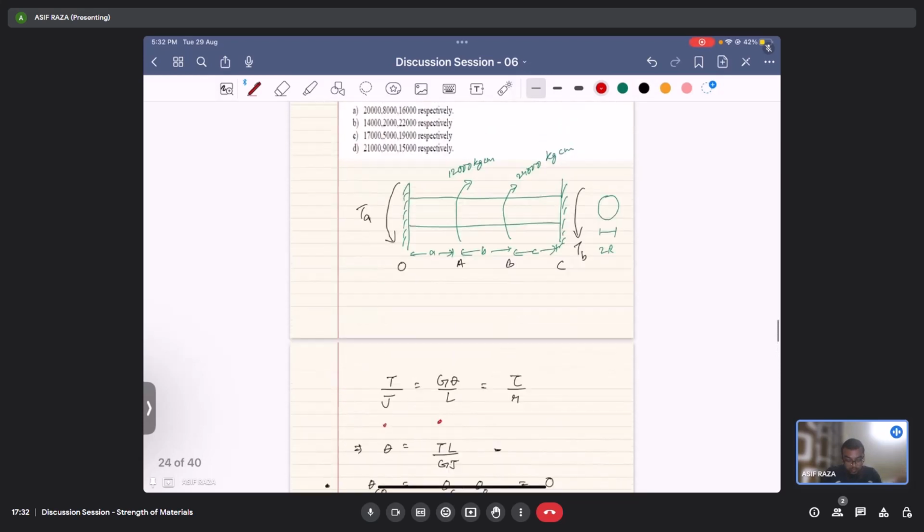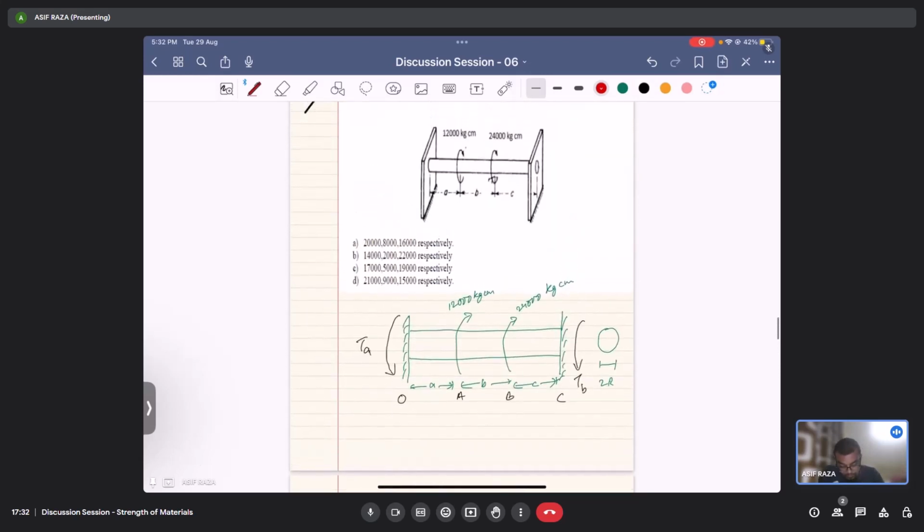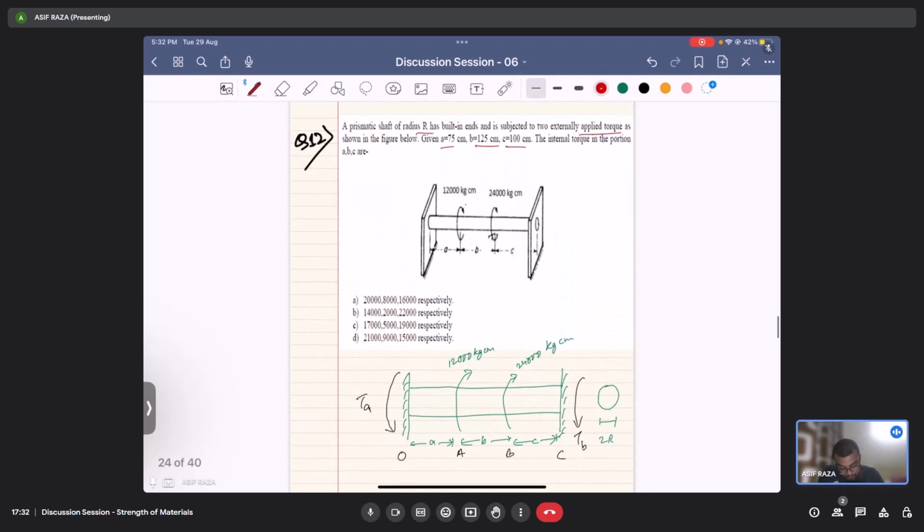So let's match and see. Portion A 17,000 matches option C, then 5,000, then 19,000. Option C matches perfectly. So the correct answer would be option C.